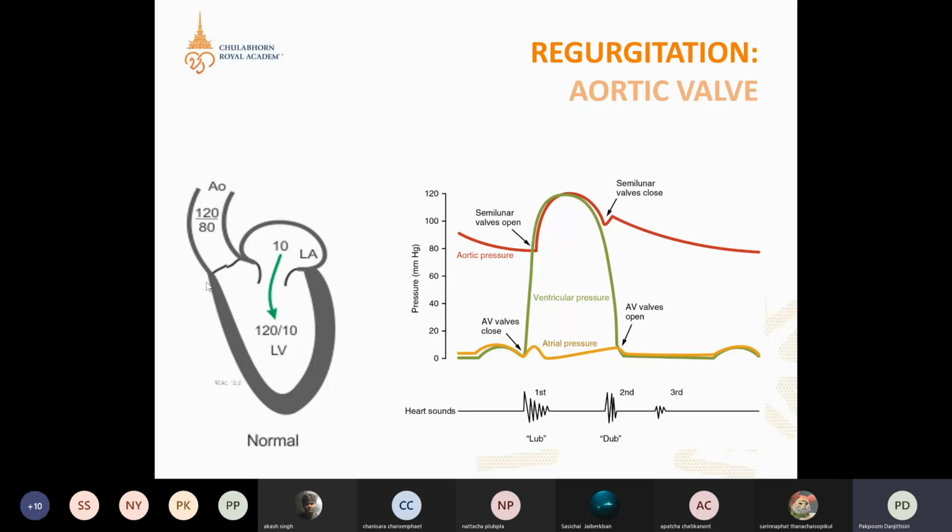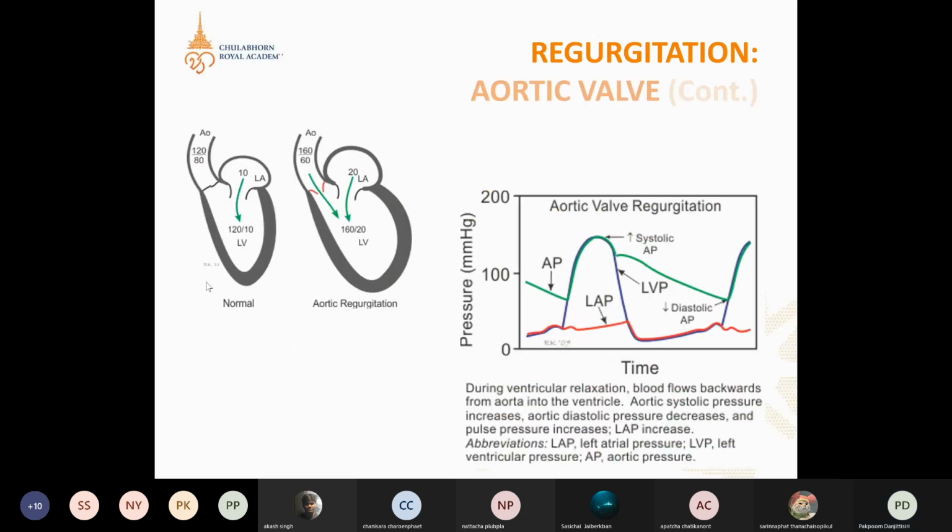For this, we are focusing on the aortic valve because we are looking for aortic valve regurgitation. So the preceding chamber is the left ventricle, and the following chamber of the aortic valve is the aorta.